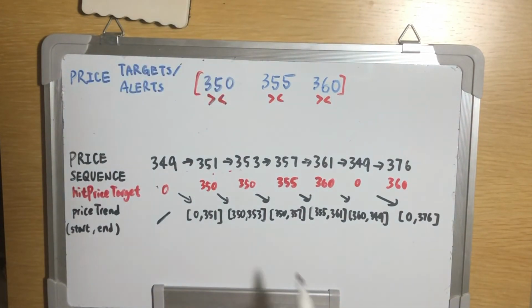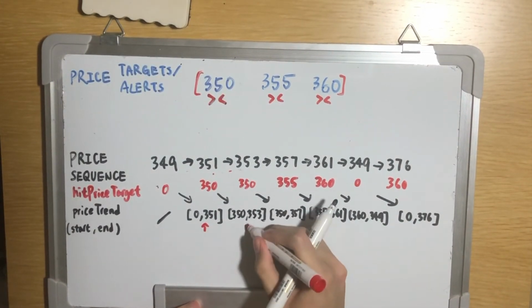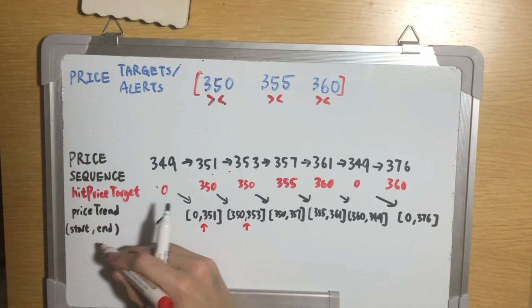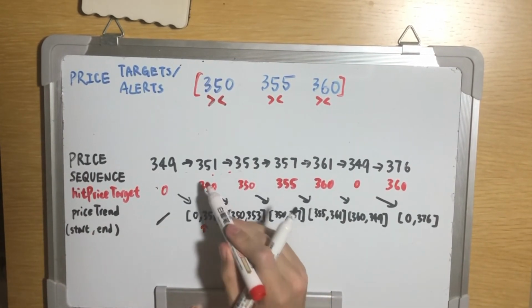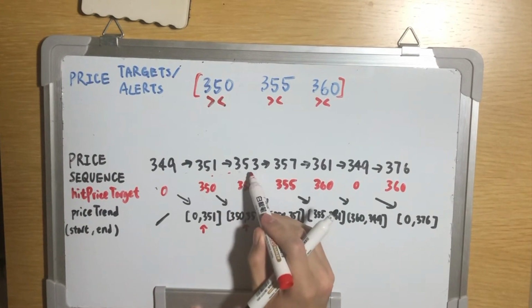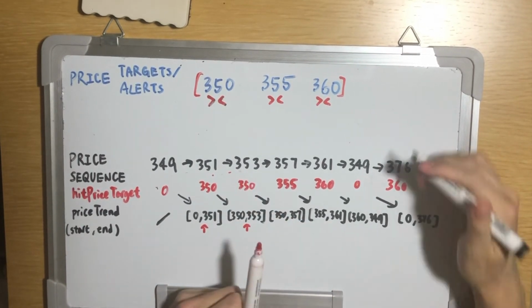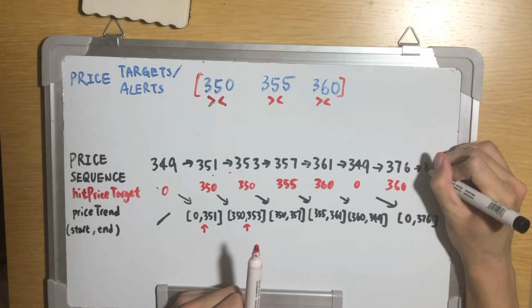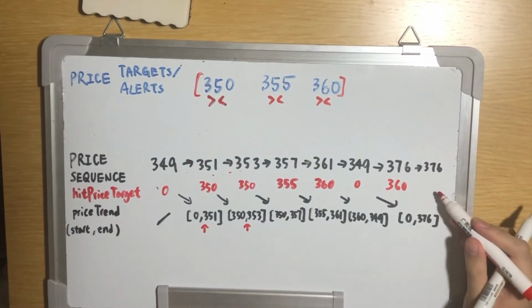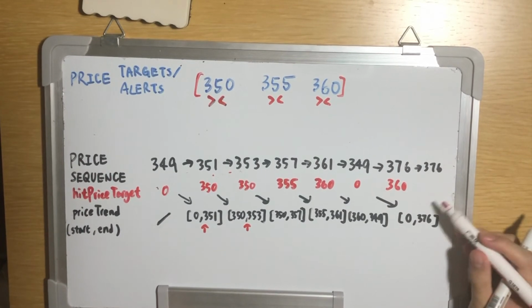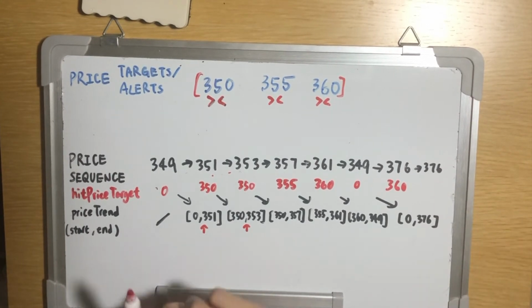For the increasing price, we know that the end price is larger than the start price. If it's the same, for example 376 and 376, then this list will be the same, and we don't do anything for that.